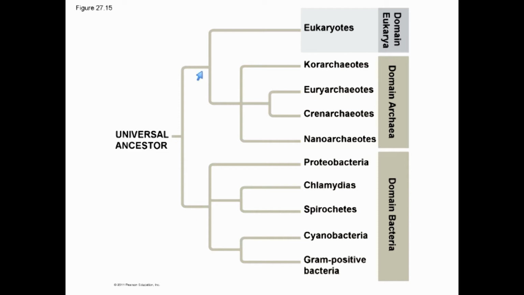One branch is going to lead to the domain Eukarya and the domain Archaea, and the other branch down here is going to lead to the domain Bacteria. So here we've got the eukaryotes, different members of the domain Archaea, and different members of the domain Bacteria.